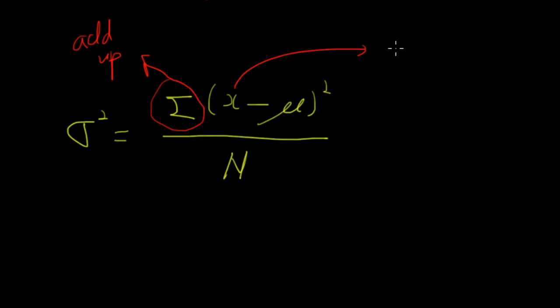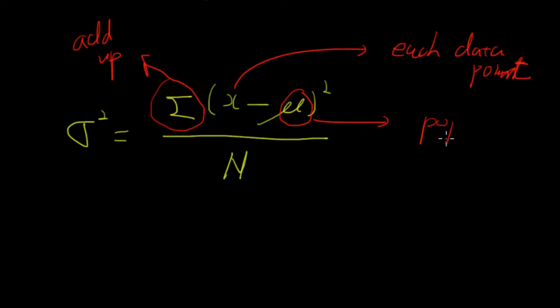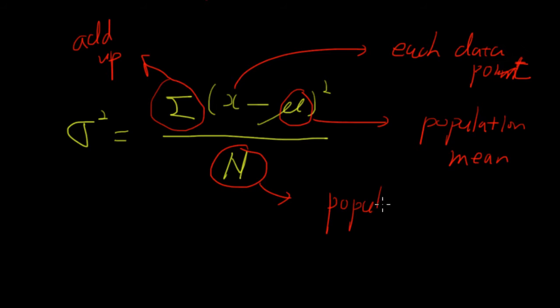This is x, each data point. And what about this mu? This is the population mean. And what about this uppercase N? This is the population size. So we have to use the population size for uppercase N, not n minus 1. Right? Okay.